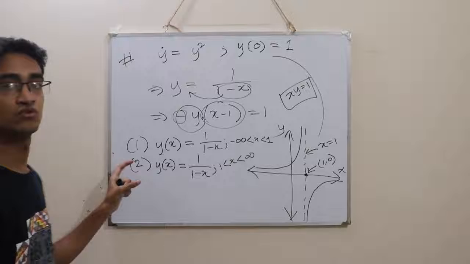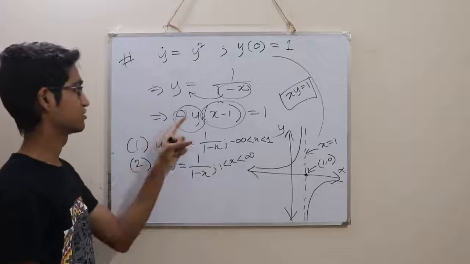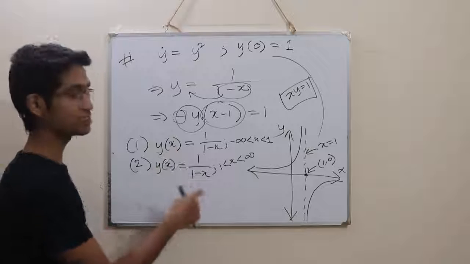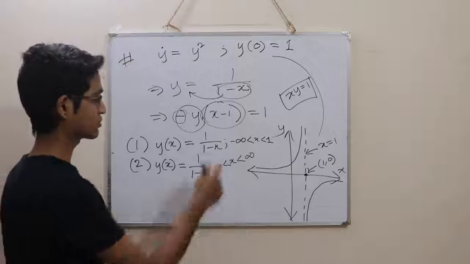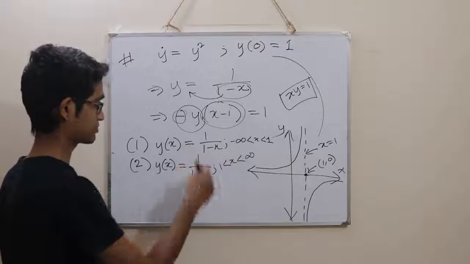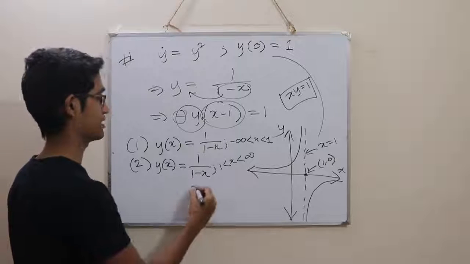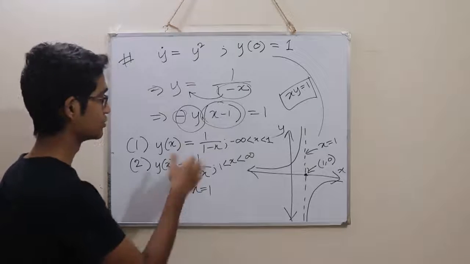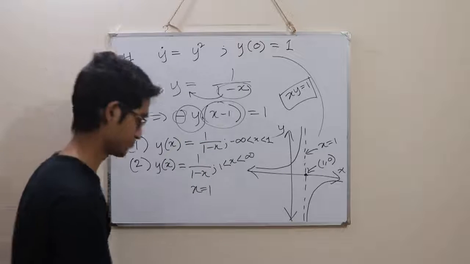These are the two solutions of this differential equation. They look the same, the expression is exactly the same, but the conditions of them are different because this expression is not true when x is exactly equal to 1. That is the reason we have had to split the solution in two ways.